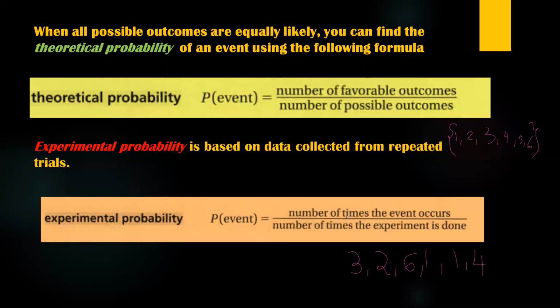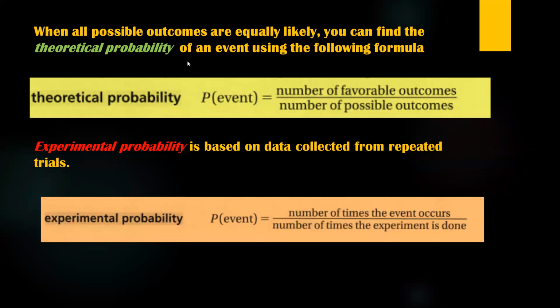So theoretical means that I do it in my mind, and I say that all the outcomes are from 1 to 6. Experimental, no, I bring the die and throw it and see what the outcomes will be. All of these are equally likely, but this one is not equally likely. It depends on the experiments that I made.